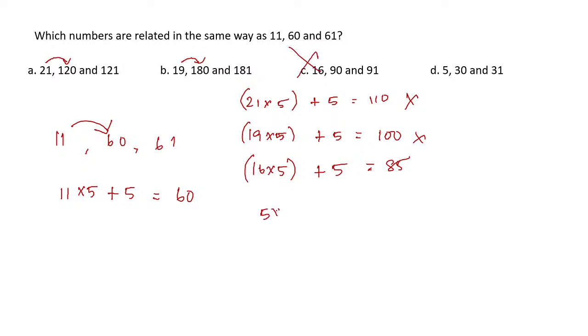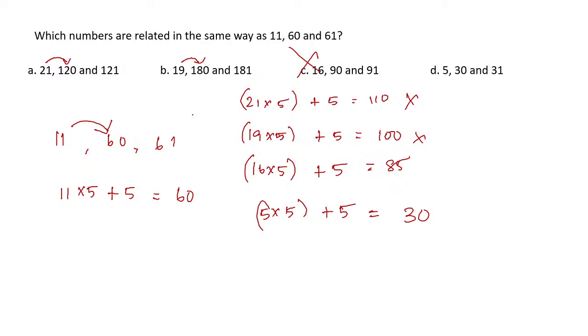And the last option, 5 into 5, 25 plus 5, which is giving us the value 30. Correct? So the only option to go with is 5, 30, 31. We are taking the first number, multiplying it with 5 and then adding 5 to it.